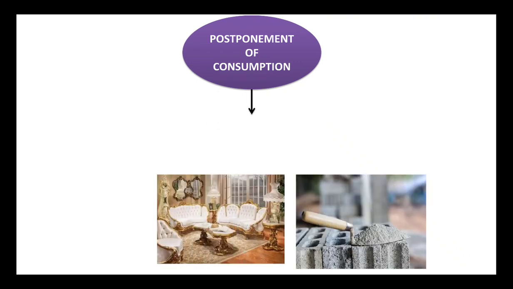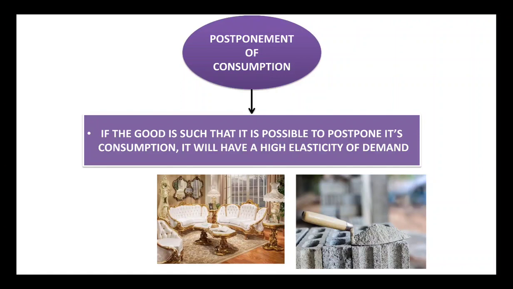The next one is products that we can postpone for consumption. Goods which are urgently needed, like water, or medicines. If you fall sick, you cannot say that I will purchase my medicine 2 weeks later. You want it, you need it, right?